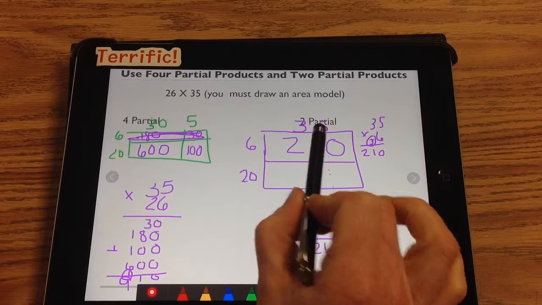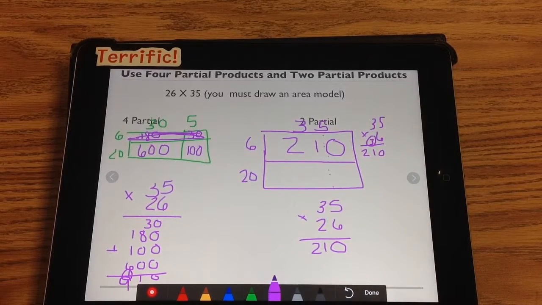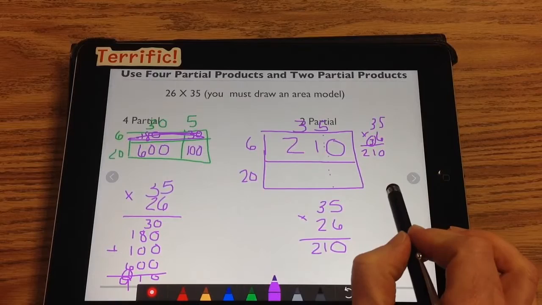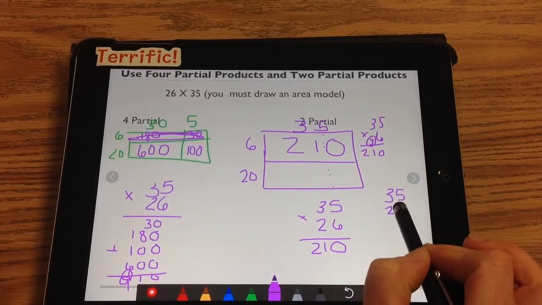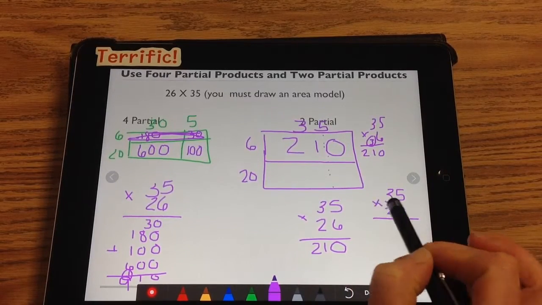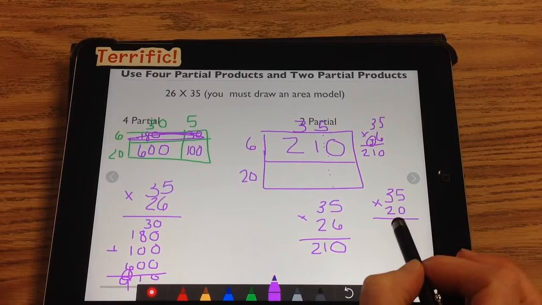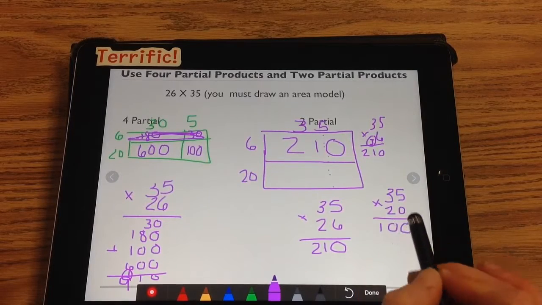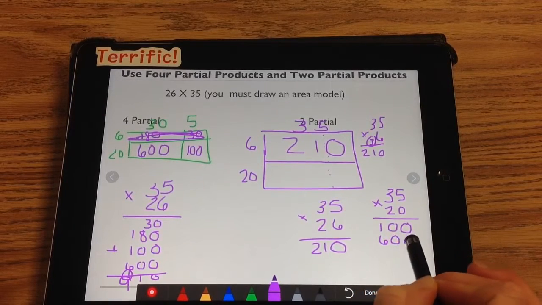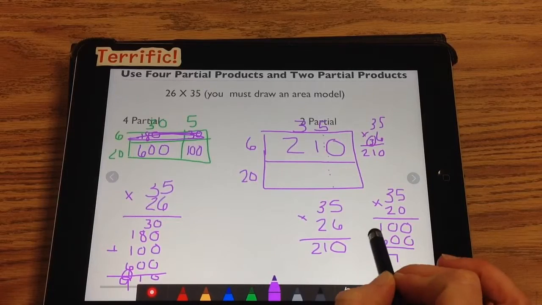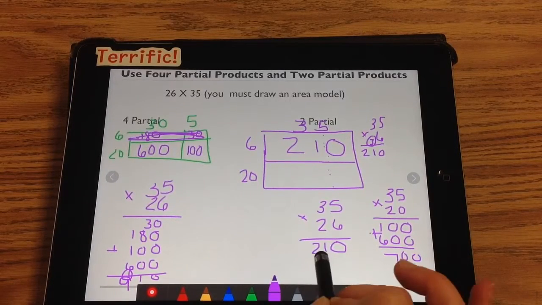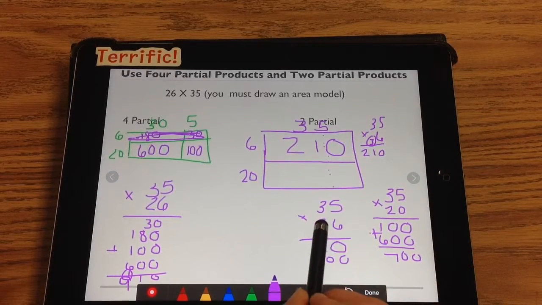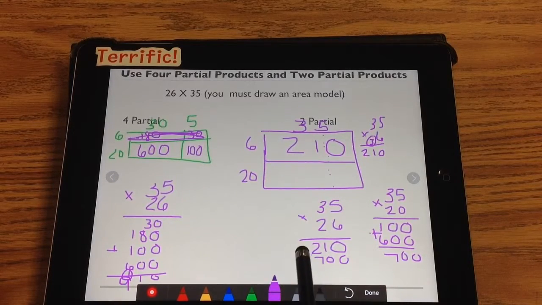Then we're looking at 20 times 35. Remember, we just ignore that 0. 2 times 5, 2 tens times 5 is 10 tens. 2 tens times 3 tens is 6 hundreds. And that equals 700. So 2 tens times 35 is 700. If I add them, I get 910, just like I got over here.